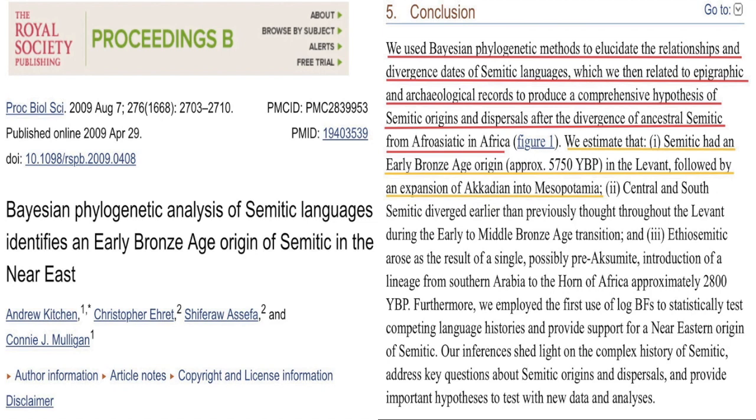We estimate that Semitic had an early Bronze Age origin, 5,750 years ago, in the Levant, followed by an expansion of Akkadian into Mesopotamia.